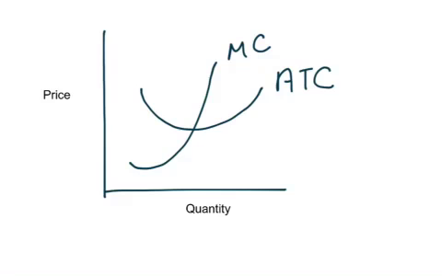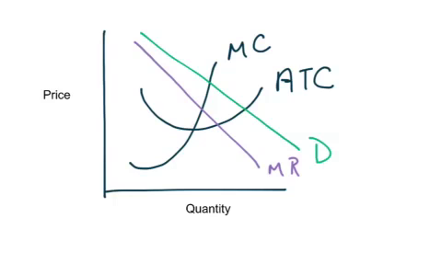Those still look familiar. The marginal cost curve is intersecting the average total cost curve at the low point. It looks like something that we have seen before. Now, for the monopolist, how do the curves look different? For that, we need to draw in the demand curve and the marginal revenue curve.